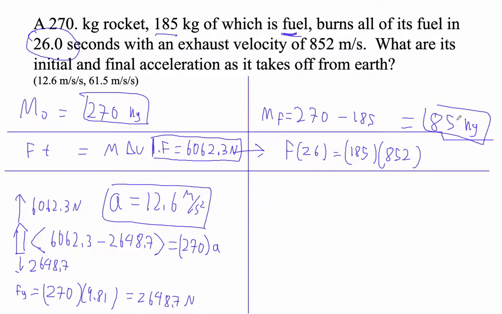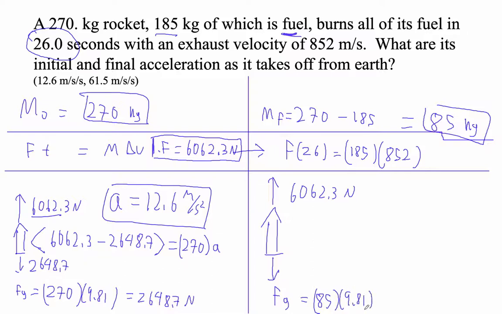The next one is, it's got a mass of 85 kilograms, but the same thrust, right? Okay, so for the rocket, we still have 6062.3 newtons up, right? The force down is, what is that? The force of gravity is 85 times 9.81.